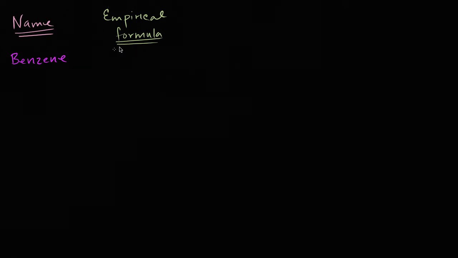And the reason we call what I'm about to write down an empirical formula is because early chemists weren't able to look at just one molecule, but they could observe the ratios of the different elements in a molecule.